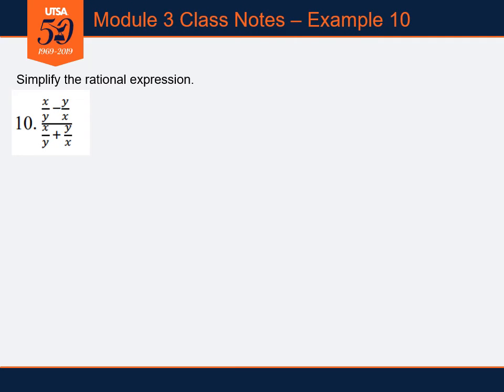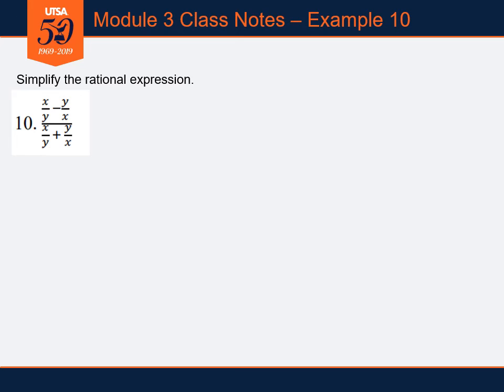Let's see one more example of simplifying complex fractions in this way. Here we have another scenario where we've got fractions within fractions. We've got several, in fact, now. x over y minus y over x divided by x over y plus y over x.